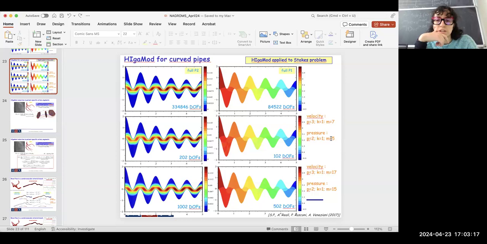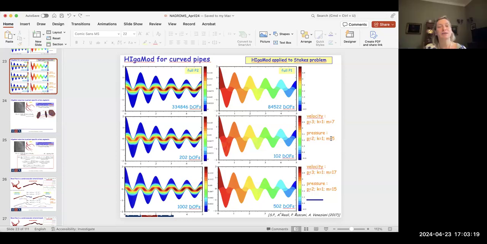So it is something we are still working on. But the numerical evidence goes in such a direction, at least for configurations which are complex from a geometrical viewpoint.